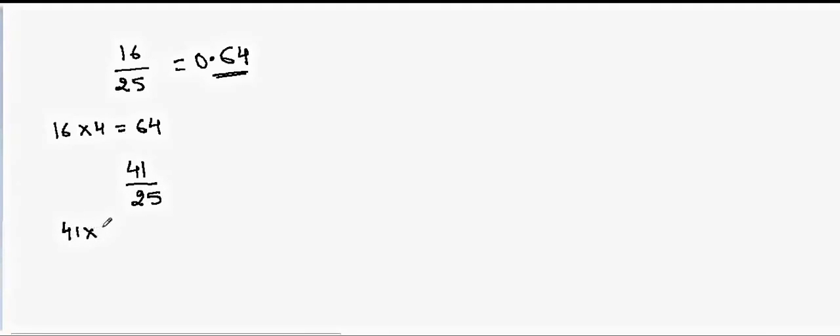Again, if I have 41 and I want to divide by 25, in this case 41 into 4 is equal to 164. So the answer will be 1.64. As you can see, with 41 by 25, most people would have to use a calculator, but we can do it without taking any time, just in the mind.